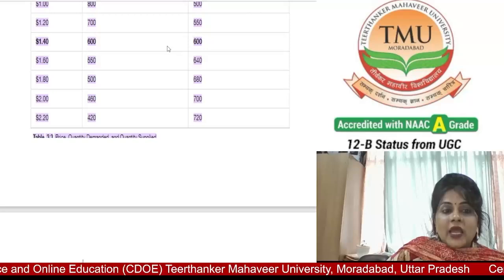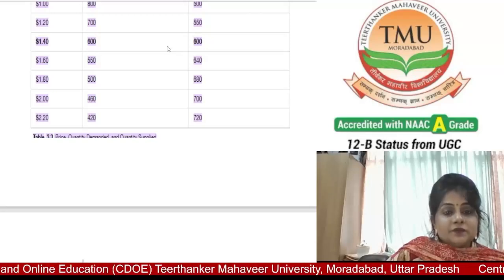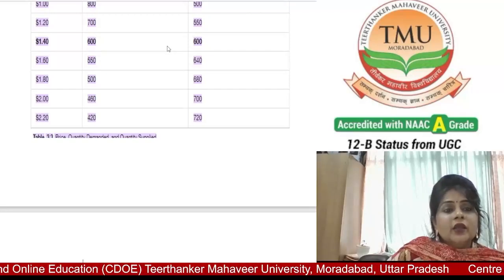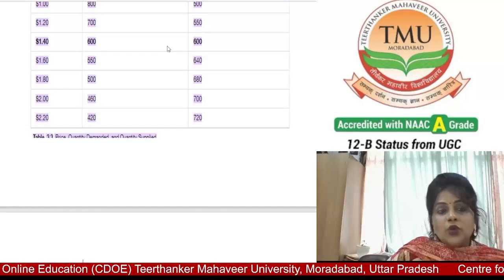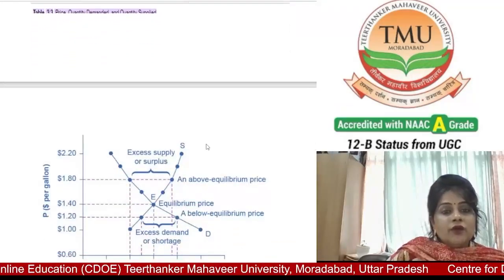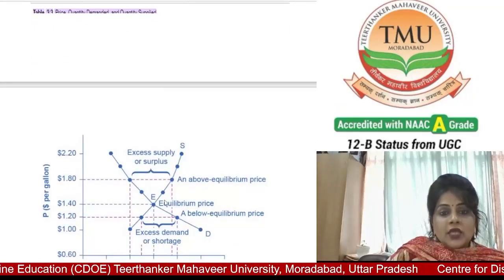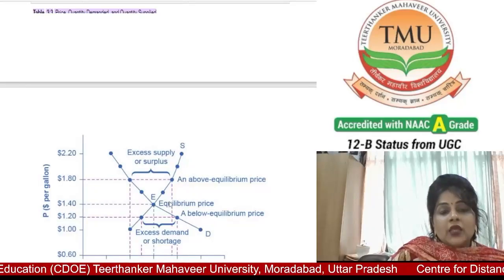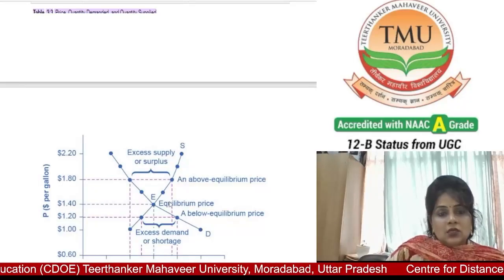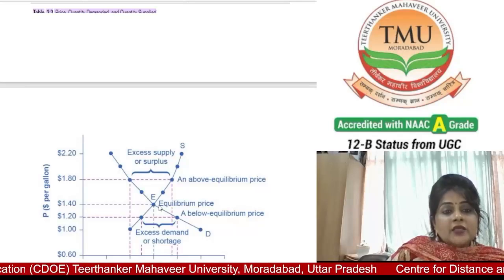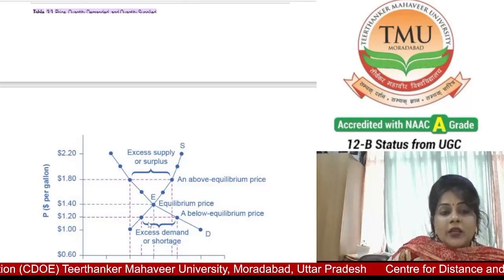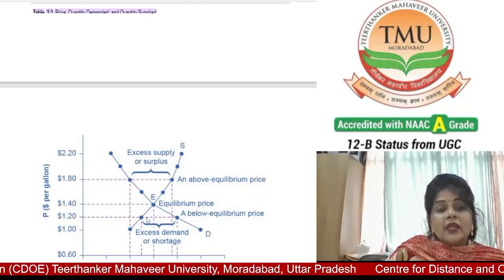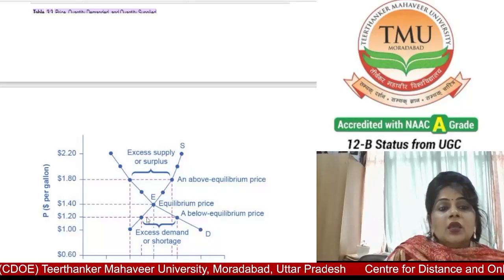If a market is at its equilibrium price and quantity, then it has no reason to move away from that point. It is an equilibrium point. If a market is not at equilibrium, then economic pressures arise that move the market towards the equilibrium price and equilibrium quantity.